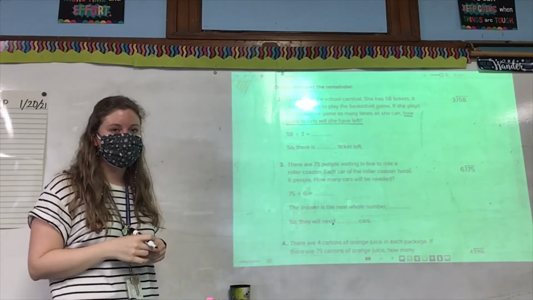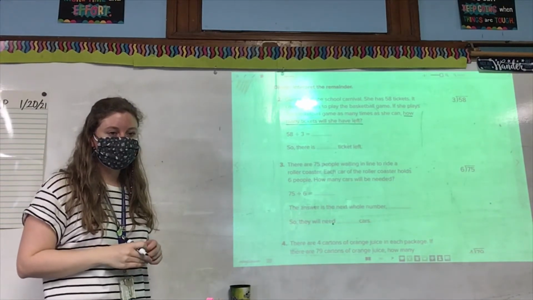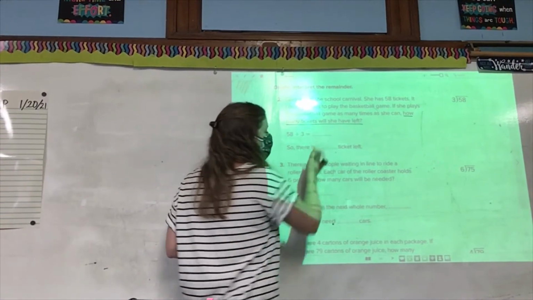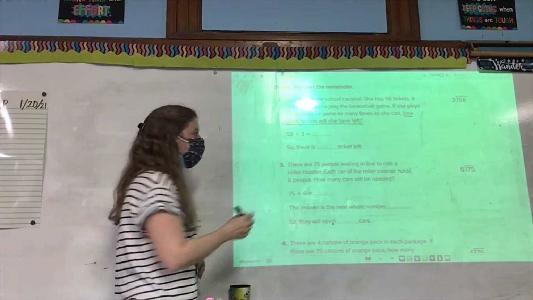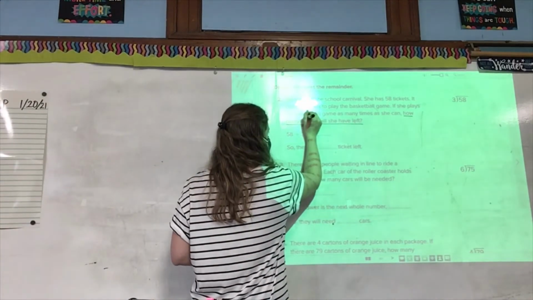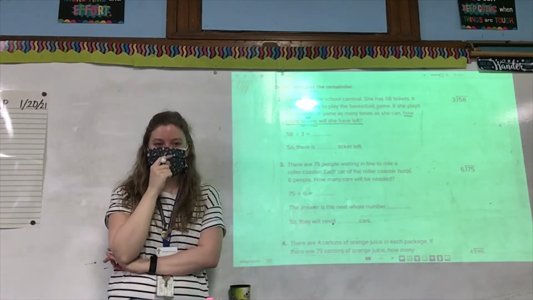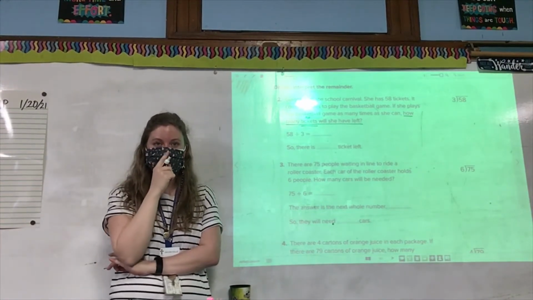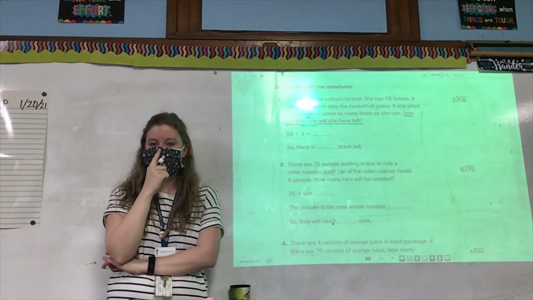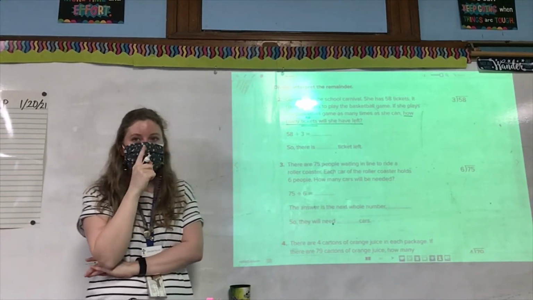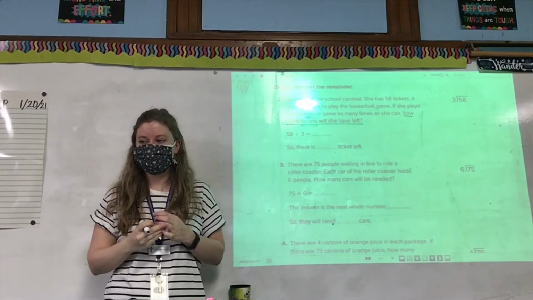How do I find my answer unit? I look after how many, which is what? Tickets. The noun after how many is my answer unit, in this case, tickets. Now that I know my answer unit, I know the unit for which part of my division problem?